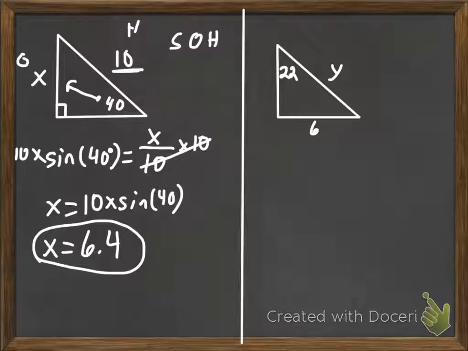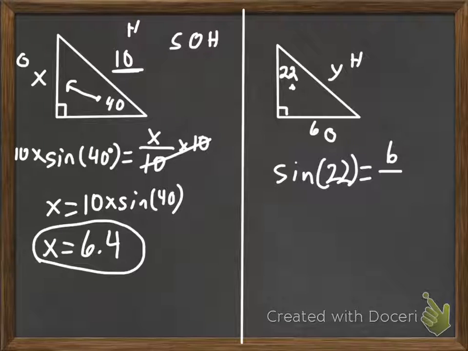Okay, over here on the right, we have another right triangle with an angle of 22. And then we have 6, which is the opposite, and y, which is the hypotenuse. So we're going to use sine again. So we're going to have the sine of 22 equals 6 over y. Now this one's a little bit different than the one on the left. On the right side here, we have our variable in the denominator of the fraction.